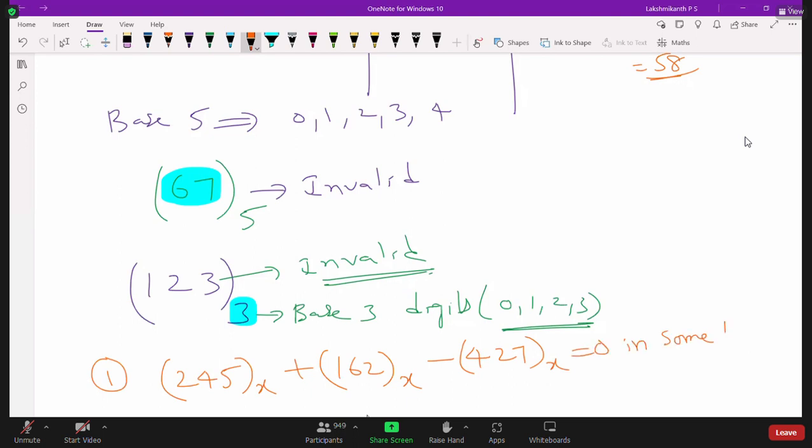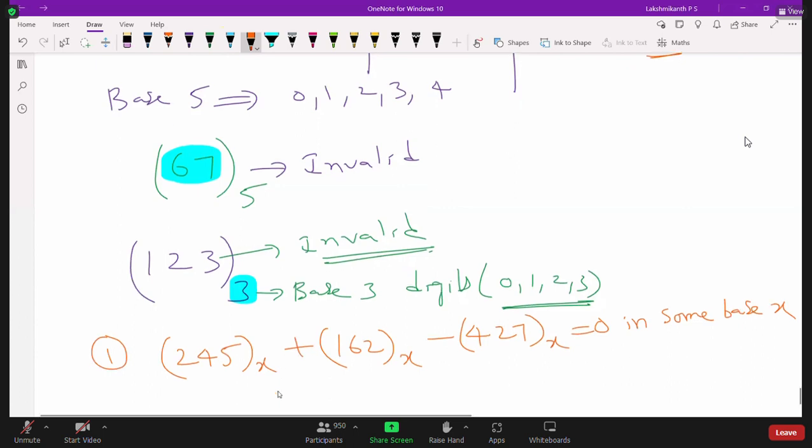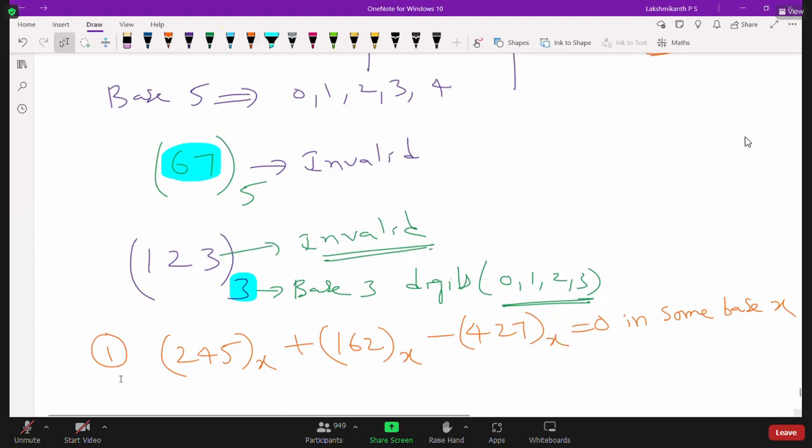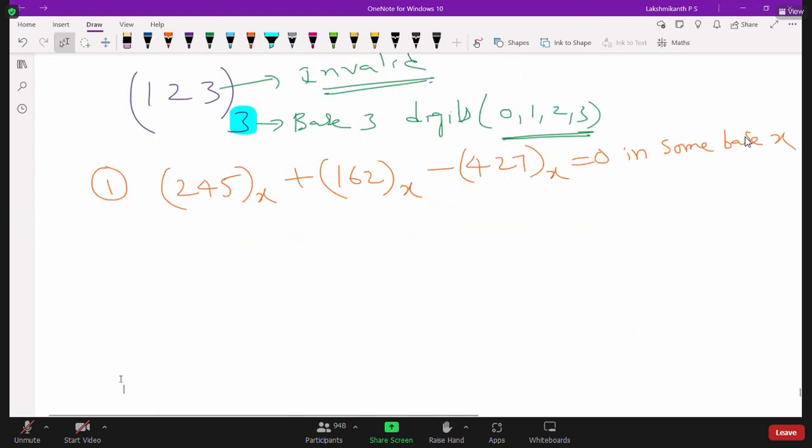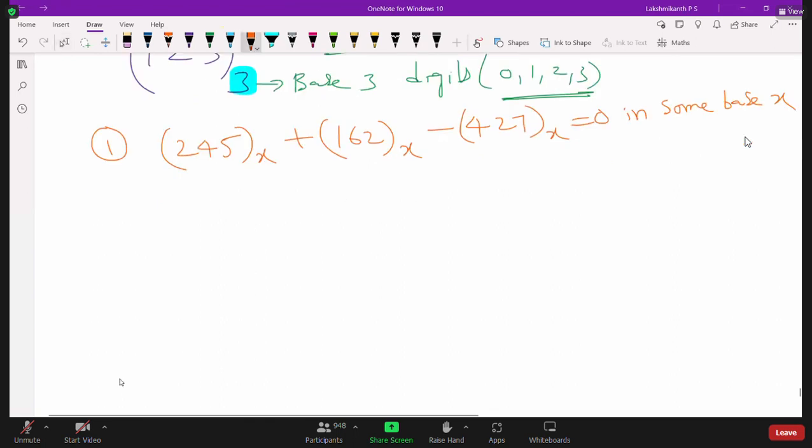Okay, so we have to find the value of x. So how can we find? See, we already know the place values, right? So in some base x, find x. And we have already learned the minimum base is 2. So the bases are valid only 2, 3, 4, 5, 6, like this.